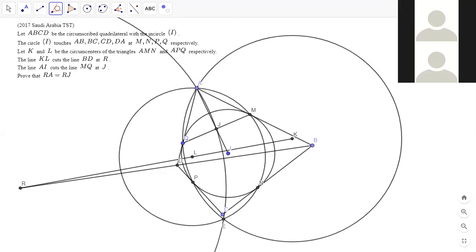Yeah, since IJ times IA is the power of point I with respect to that circle, and it is also equal to the radius of the incircle squared. Okay.